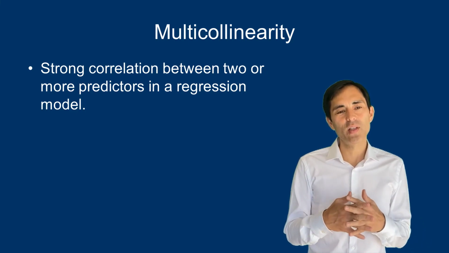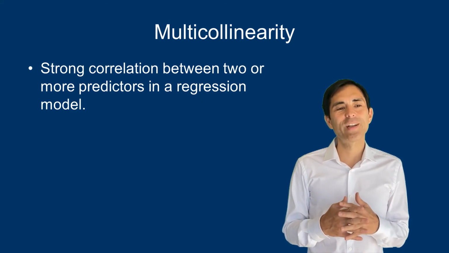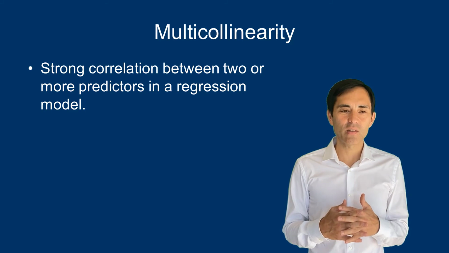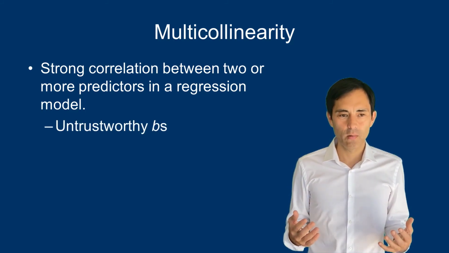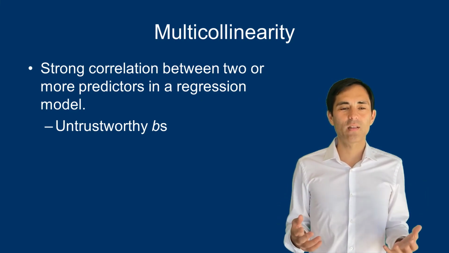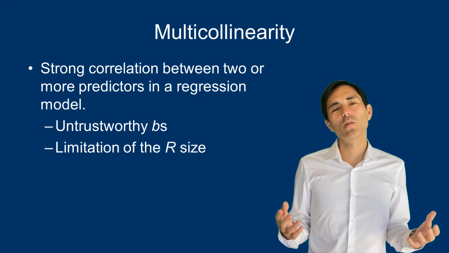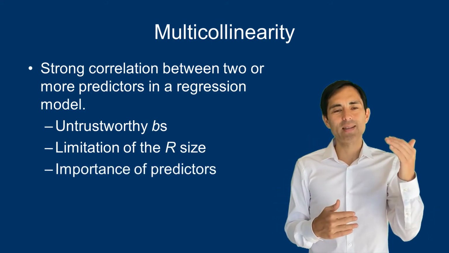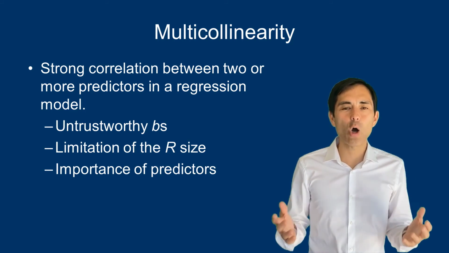And if so, this poses serious problems for the results of the regression analysis. It could lead to completely wrong and untrustworthy beta values. It could also affect the R square and the R. And it could also change directions, plus and negative. So essentially, we cannot trust the results at all.